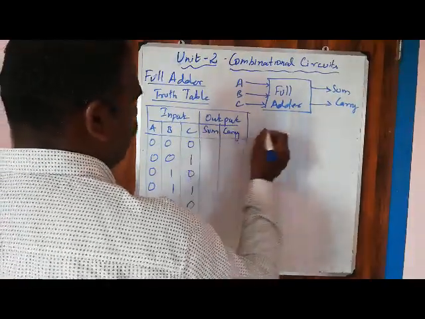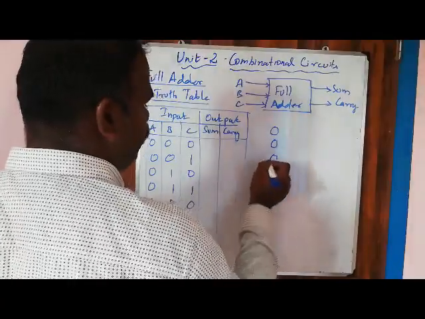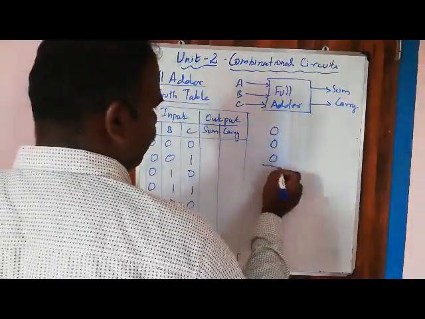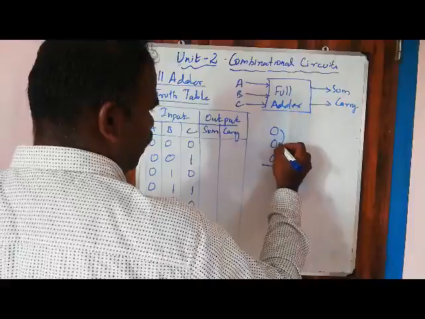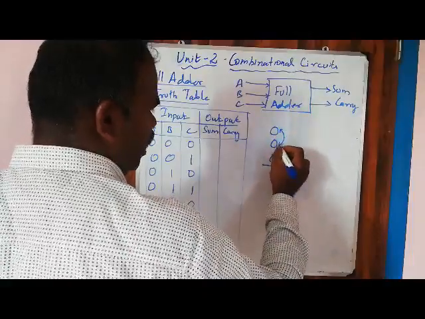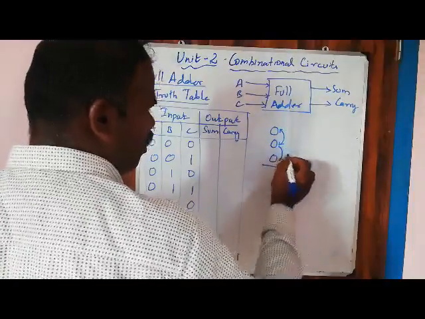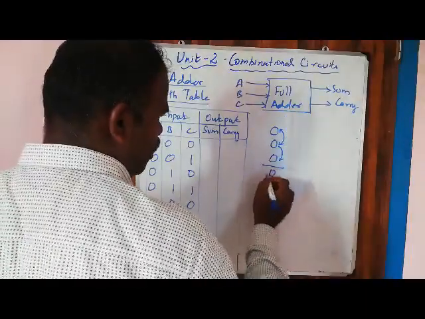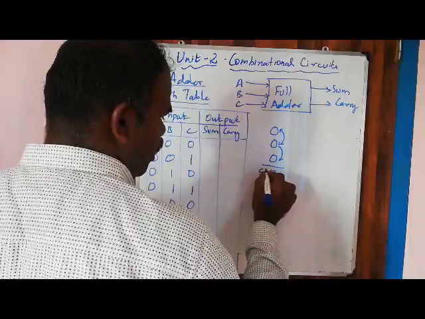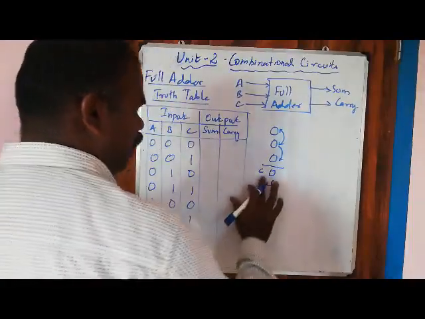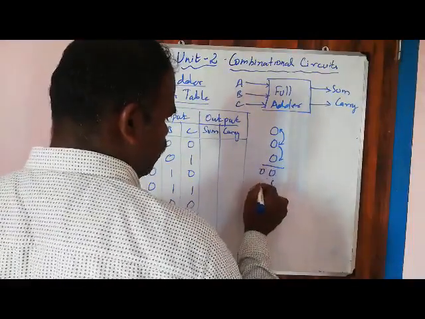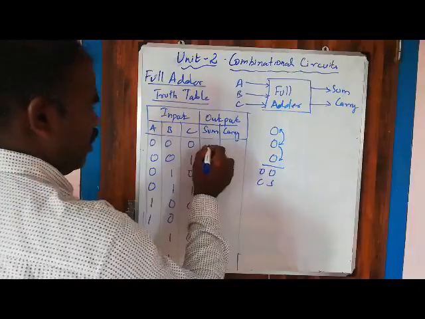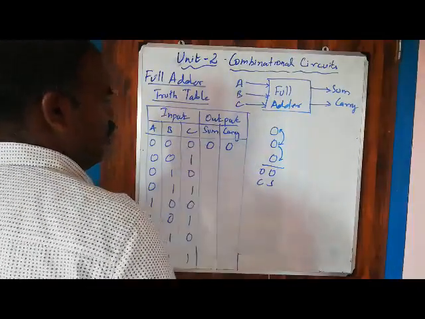For sum, we have to add the three input variables A, B, C. So how can we add? First add these two variables. From the answer, we have to add this variable. So the addition of these three variables is 0, that is sum 0 and carry also 0. So we put sum and carry also 0 here.